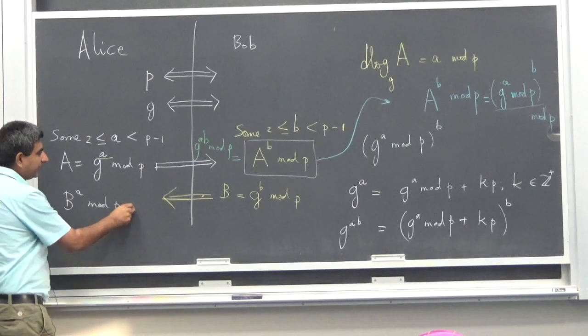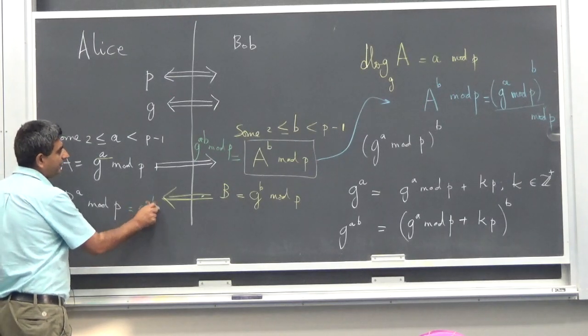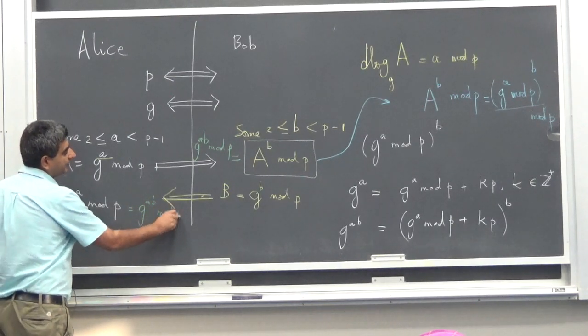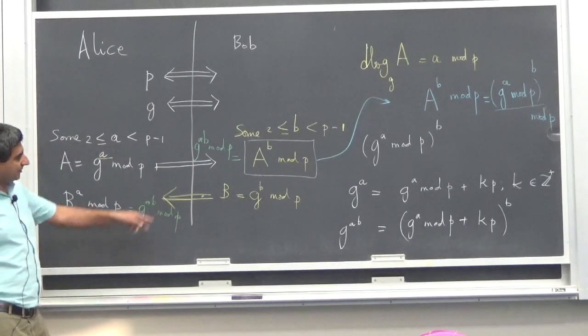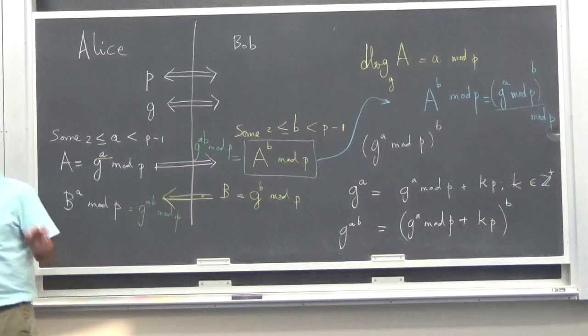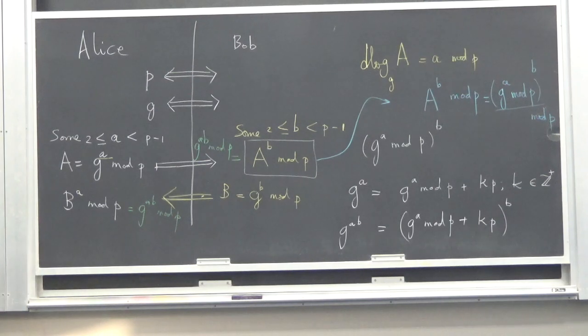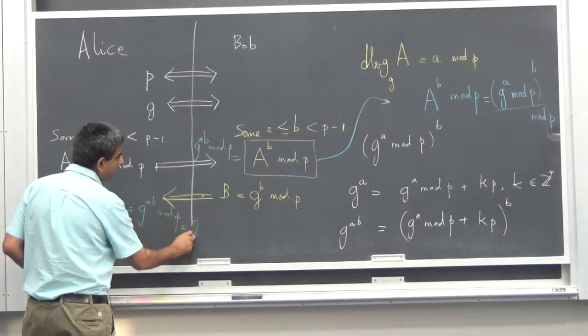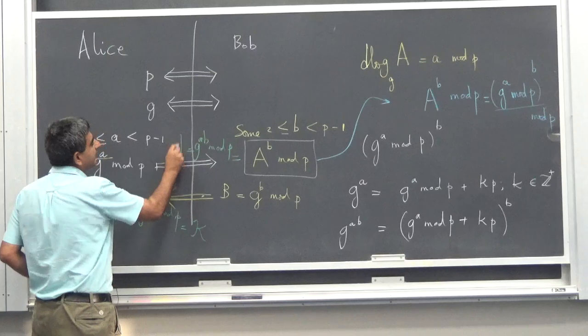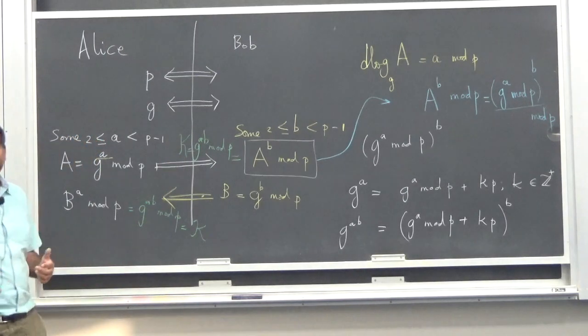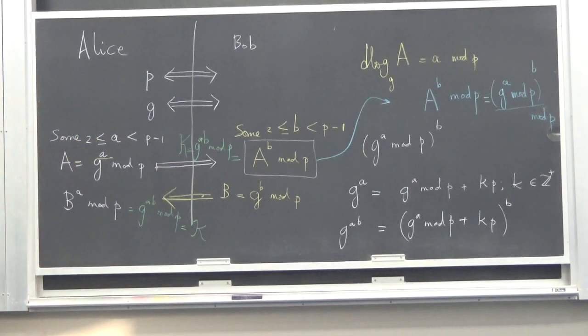It must be the same thing, G^(AB) mod P. Now this number that I've written in green acts as a key. This is an identical key between Alice and Bob, and they have generated this key in their private spaces without ever sharing the key on a public channel.